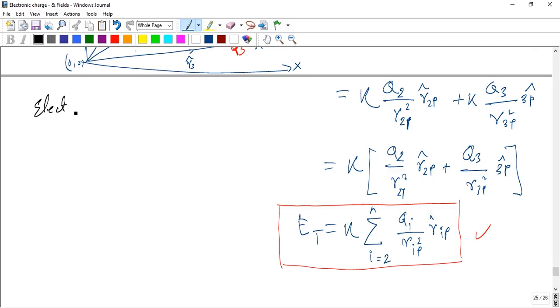If you have a doubt, maximum people can have a doubt: what is the force and the field? Both seem the same. Do not confuse that.